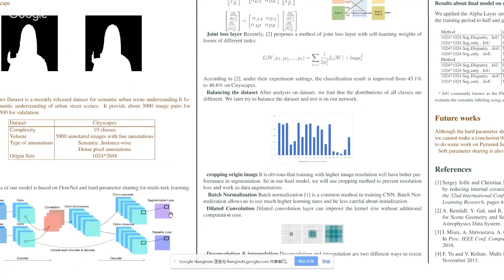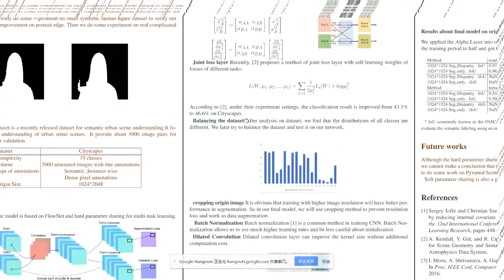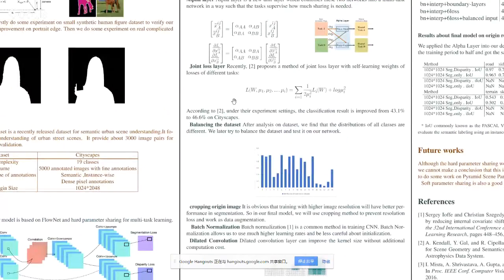They assume the output of each point follows a Gaussian distribution, and they use a formula to get the joint loss, and they want to minimize the loss through this function.